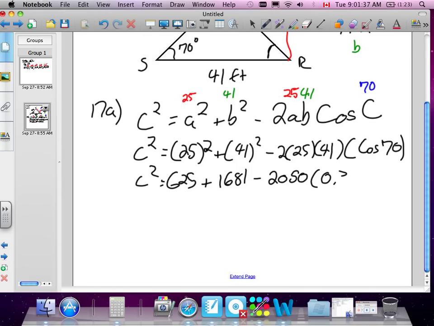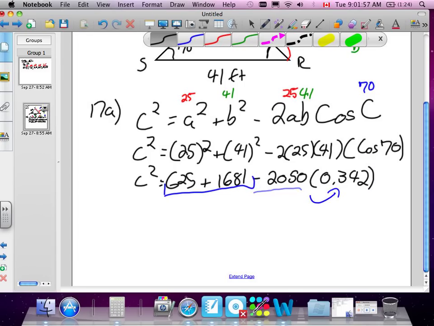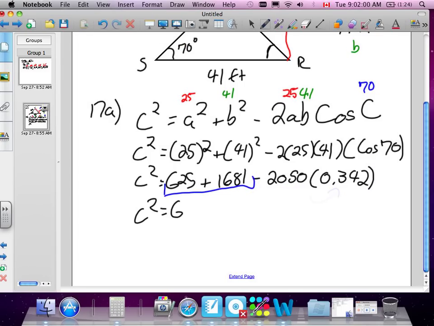So now that we've done that, according to BEDMAS, make sure that we multiply this. Okay? And in fact, there's a negative sign in front of it, so it's almost like negative 2050 times 0.342. We would add these two together also. We'll do this one step at a time. C squared is equal to 625 plus 1,681.